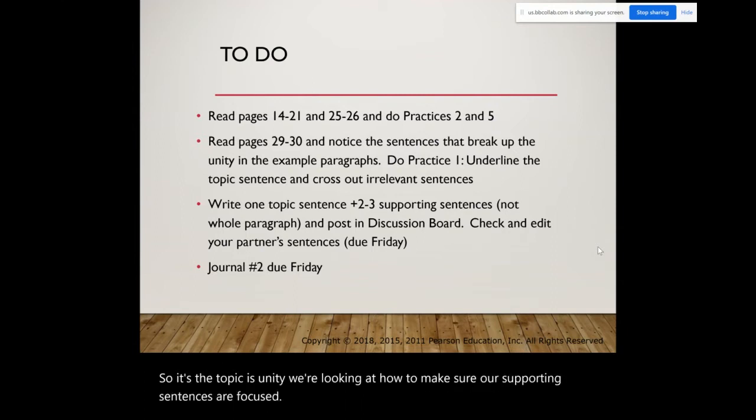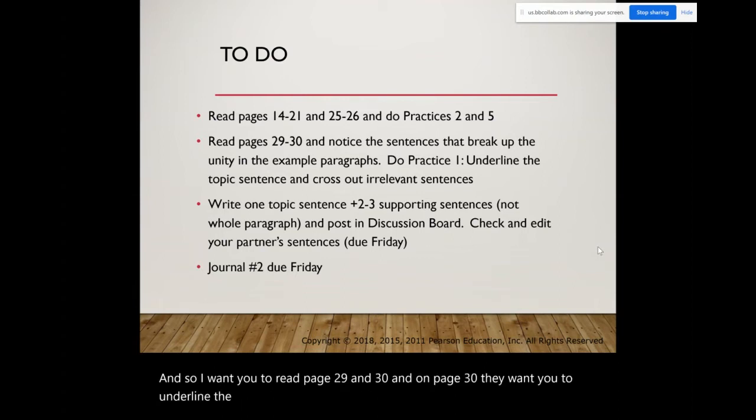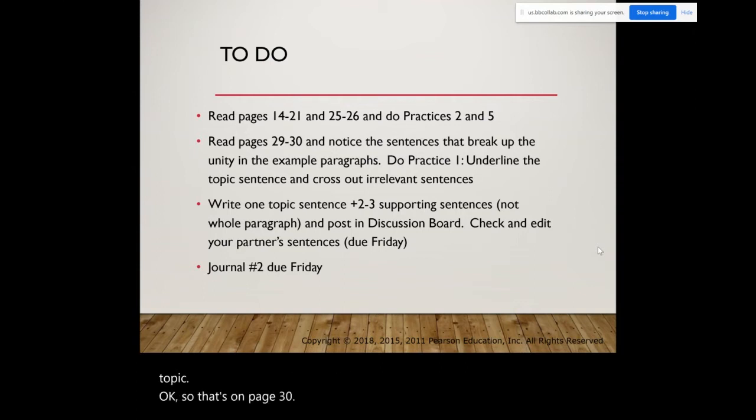And so I want you to read pages 29 and 30. And on page 30, they want you to underline the topic sentence and then note any sentences that are off topic. So that's on page 30. So that's looking at unity.